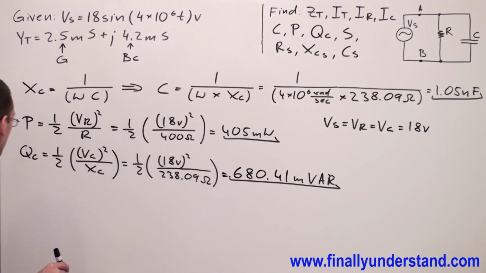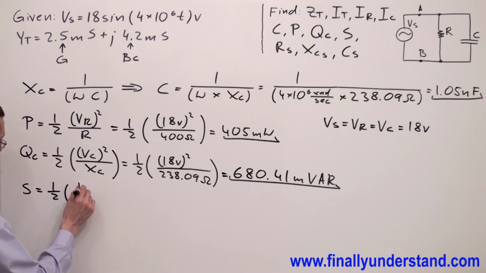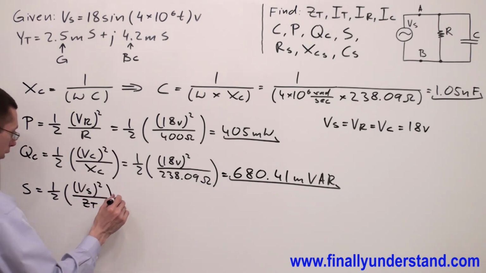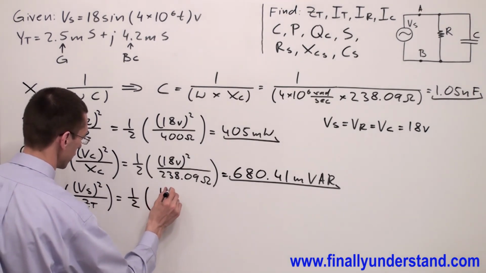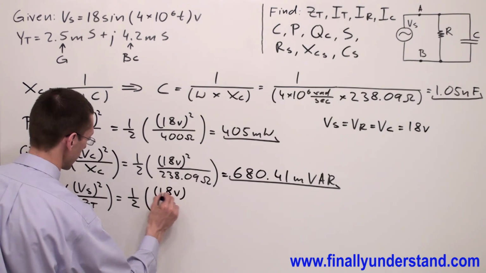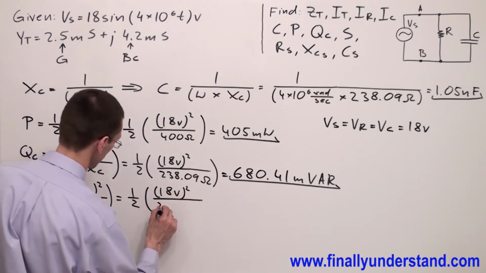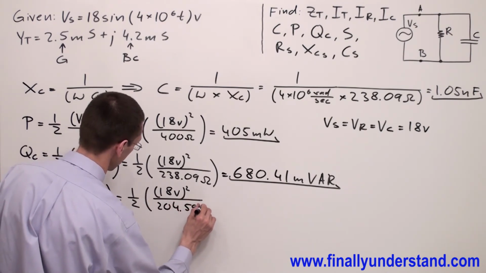Next, I'm supposed to find the apparent power. S is equal to 1/2 voltage source raised to the second power over Z total, which is equal to 1/2, and I have 18 volts raised to the second power over Z total, 204.59 ohms.